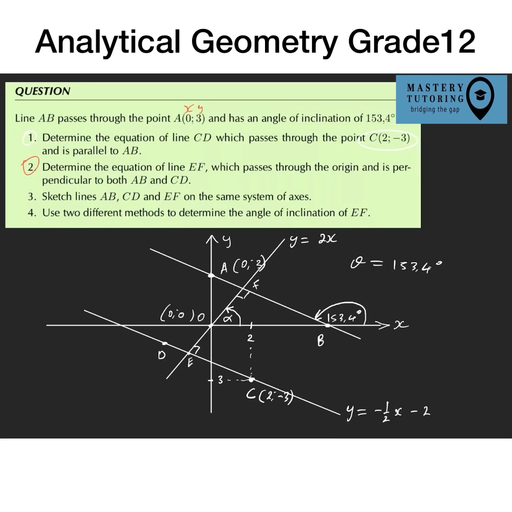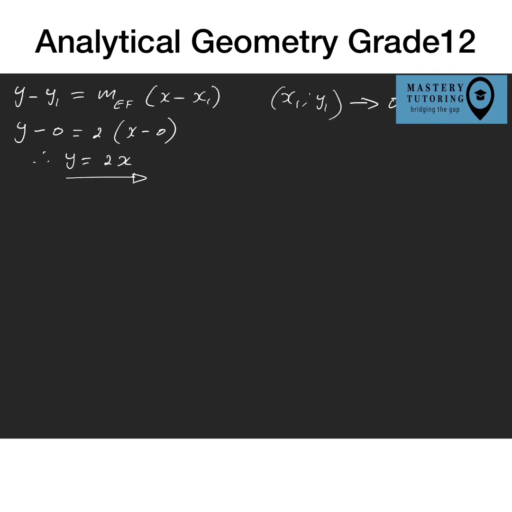Now we need to solve this question using 2 different methods. All right. So the first method, which is the easiest method, right? We know that the slope of line EF is equal to the tangent, tan alpha.